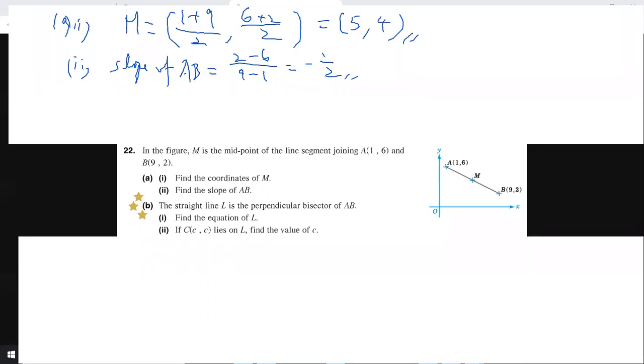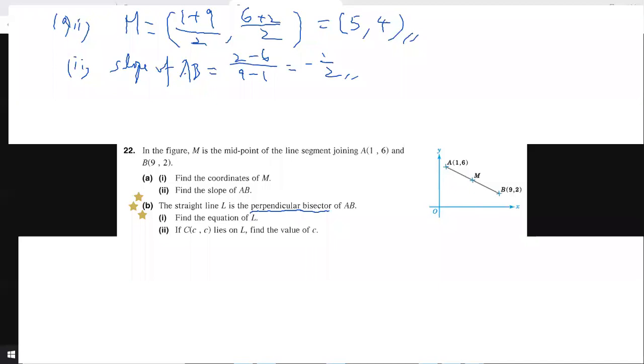Here I asked you to put a star, because the exam likes to ask about the perpendicular bisector. Okay, so what is meant by perpendicular bisector of a straight line AB? Is that it is perpendicular to AB, and it cuts the line AB into 2 equal parts.